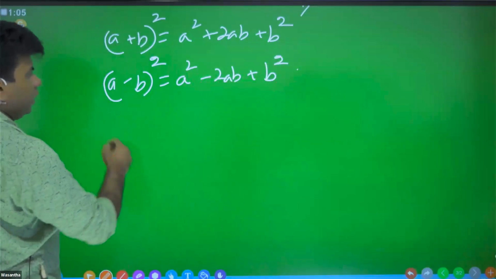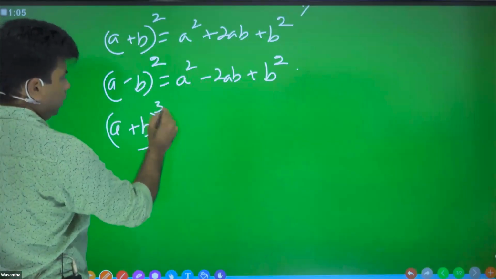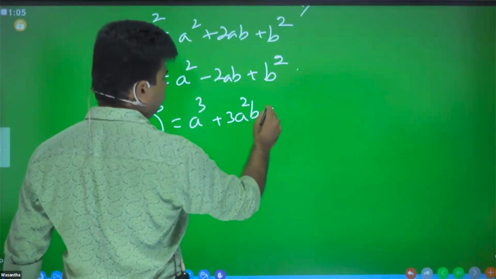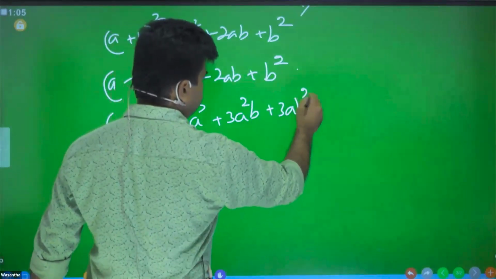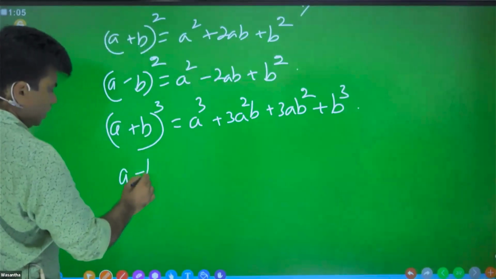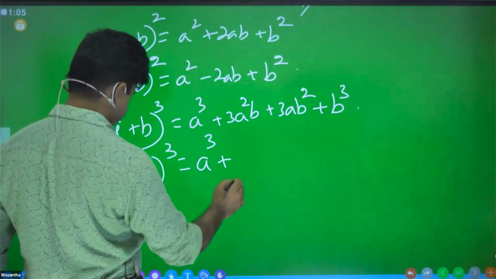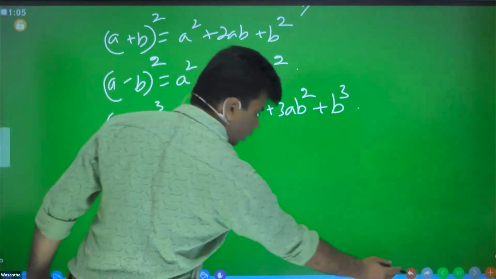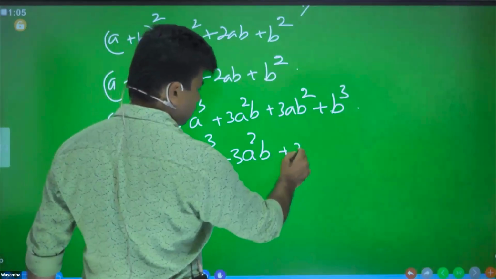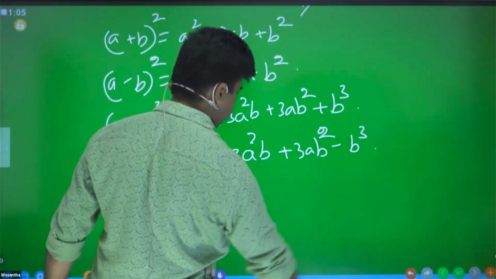Then we discussed a plus b cubed, that is a cubed plus 3a squared b plus 3ab squared plus b cubed. And we discussed a minus b cubed, that is a cubed minus 3a squared b plus 3ab squared minus b cubed.